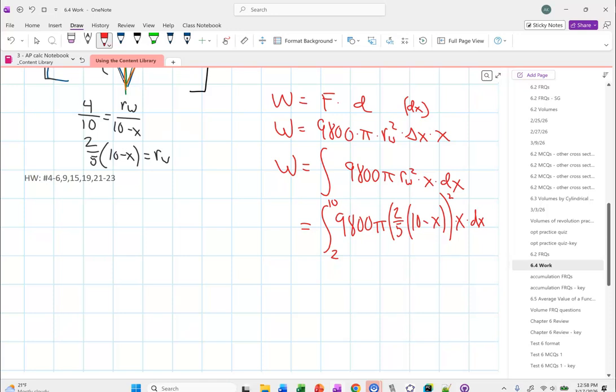Or in the case of a volume problem, we're taking these little tiny volumes and accumulating all the volumes to get the volume of the whole thing. Or if you know any kind of rate, if you accumulate that rate over time, what it's going to give you is like a quantity, right? If you have a velocity and you accumulate the velocity over time, it's going to give you a distance.